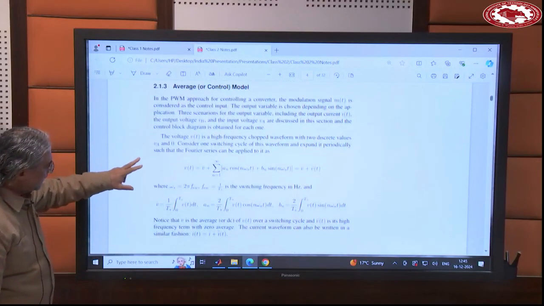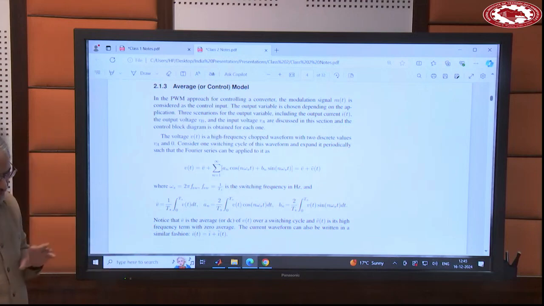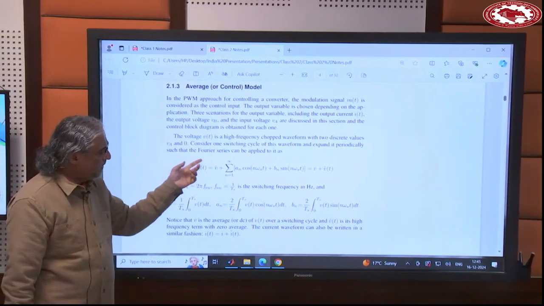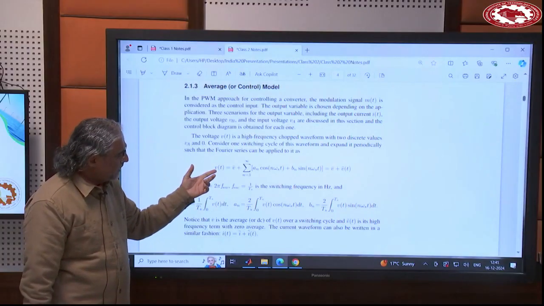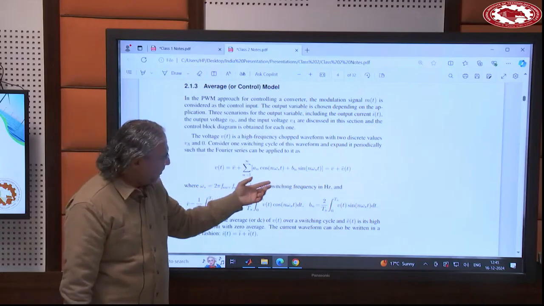So a little bit of mathematics on how this model is derived. It is basically based on Fourier series, which you all know. It says if you have a periodic function, let's say voltage Vt, you can write it as a DC term plus a combination of harmonics.